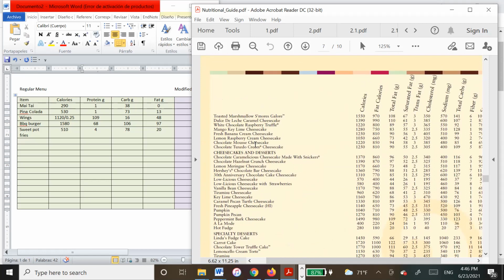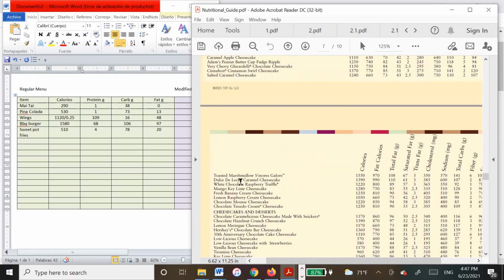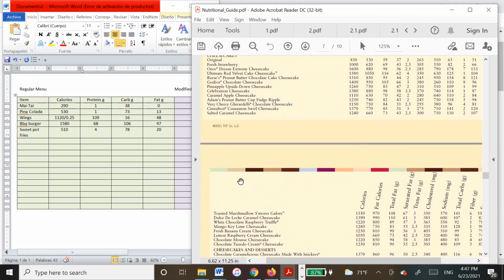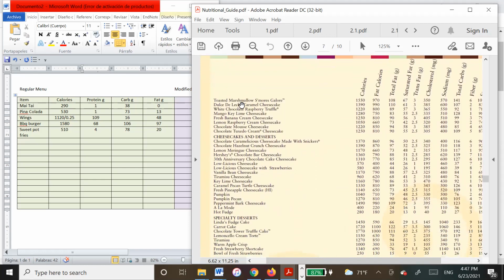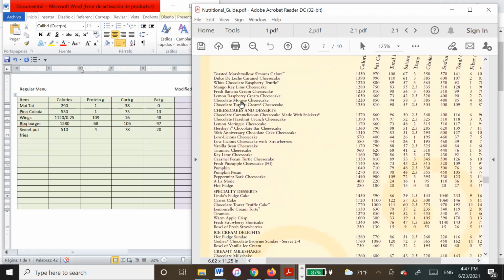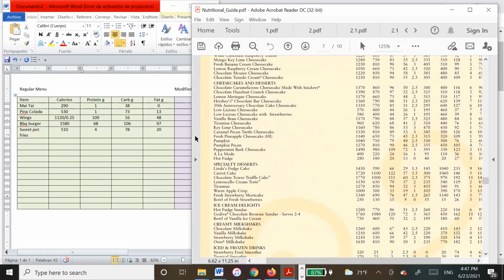But I normally get a raspberry one, just because the sound of fruit in it makes me think that I'm having something that may be a little healthier. So, let's look at this fresh strawberry. That might be a fresh strawberry cheesecake. That may be something that I would love to have. I know one of my students said that he liked having the Oreo one. So let's see if the Oreo one is still up here.